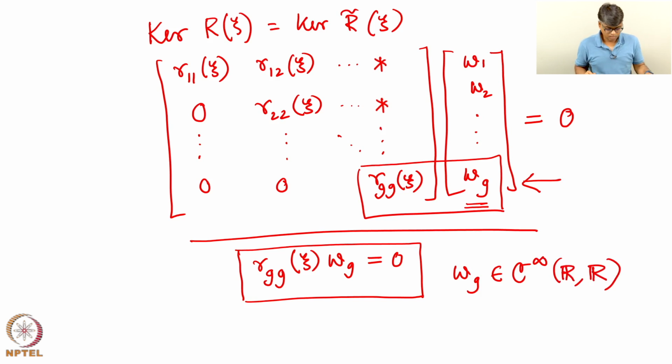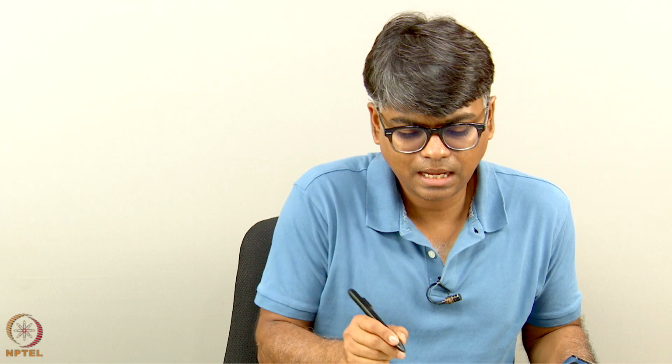Once we have obtained a particular Wg, let me call it Wg hat, for some specified initial condition for Wg, we have solved this standalone scalar equation to get this Wg hat. Once we have that, let us look at the equation immediately above that.